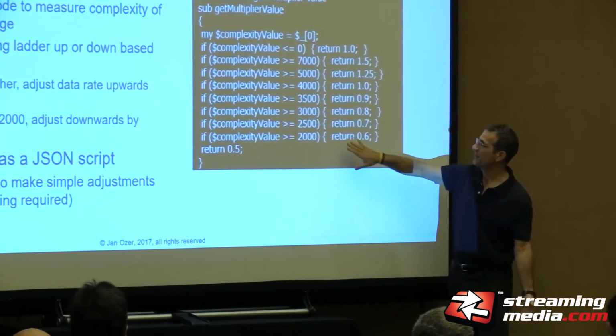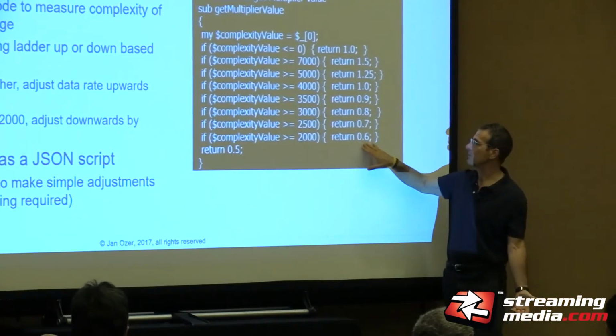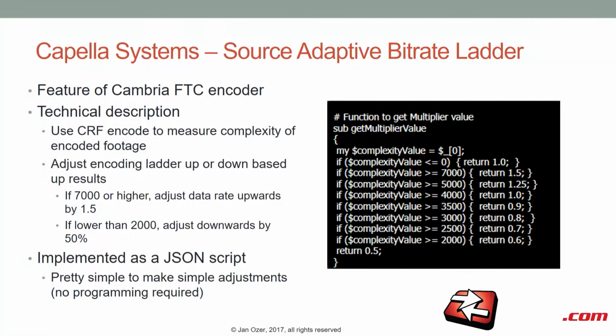And on the other side, if it comes down very simple, you can reduce it as low as you want. Now, this is all entirely configurable. Actually, when I ran the final set of tests, I think we brought this all the way down to 800 kilobits per second, and we reduced the encoding ladder by 75%. So it's a very flexible system from that perspective.